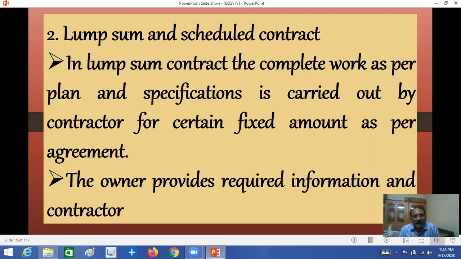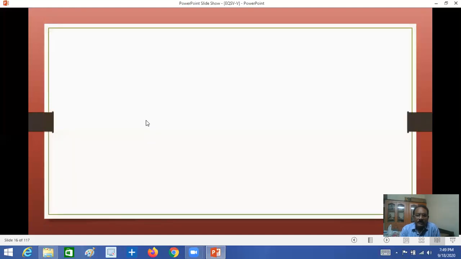The contractor will complete the work as per plan and specification for a fixed amount as per the agreement. The owner provides the required information and the contractor charges a certain amount.